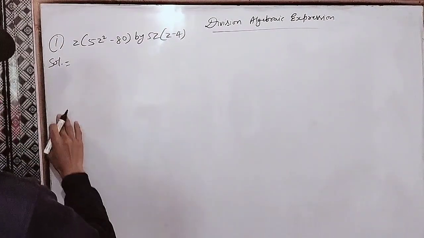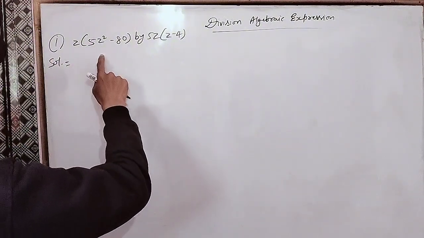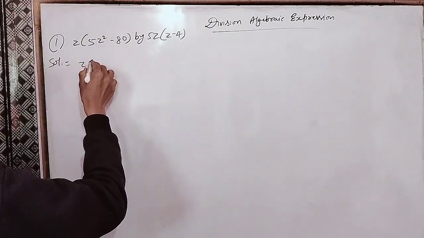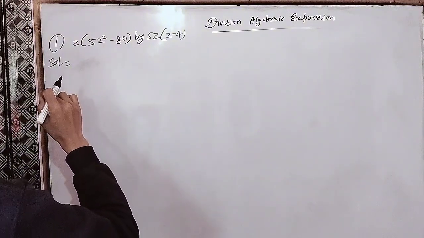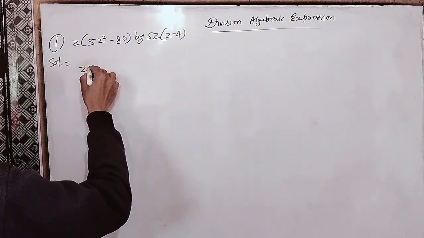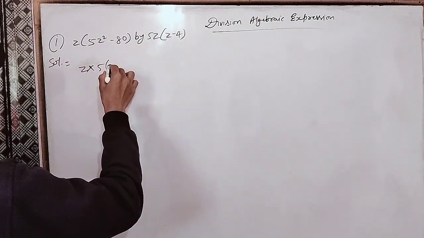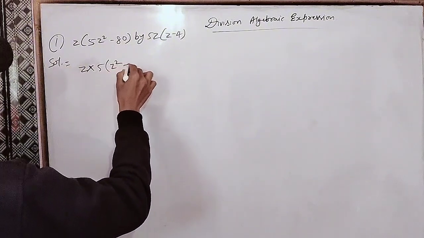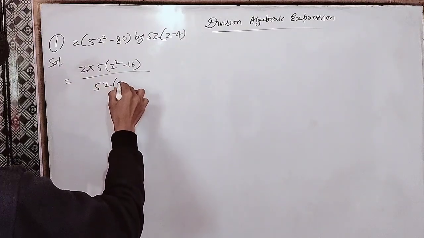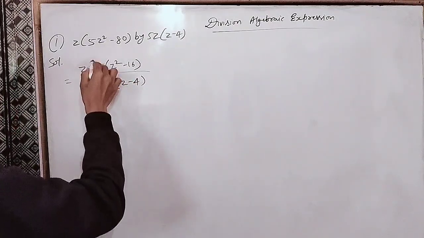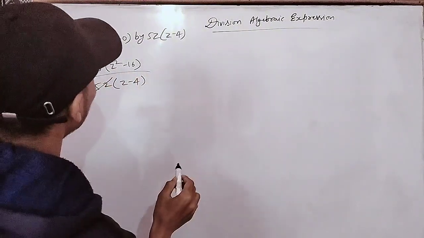One second. Here 5 is common. 5 is common. 5 z. What's the multiple? 5. Then 5 z, z minus 4. Clear? Then we have z square minus 16.